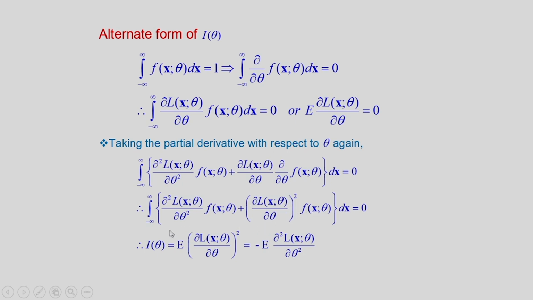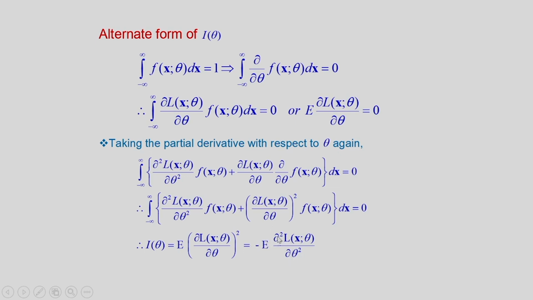Okay. So, that way what I get is that, because I know that the expected value of this quantity is the information. So, therefore, I theta is equal to E of this quantity, and that must be equal to, if I take this quantity on the right hand side, it will be negative. So, that way minus E of del square L del theta square.